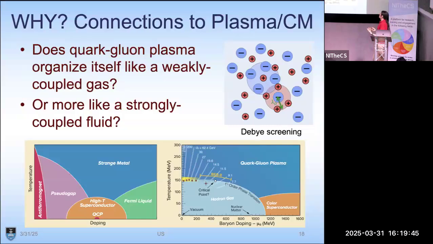And then the last motivation that I want to talk about is connecting to other areas of physics, for example, plasma physics or what we call condensed matter physics. The question is, how does the phase transition work for material that starts as protons and neutrons, collides at 1 trillion degrees, and is now quarks and gluons, which we call a quark-gluon plasma? It's a deconfined plasma of charged objects. How does that quark-gluon plasma behave? Is it like a weakly coupled gas, kind of looking like pluses and minuses with Debye screening? Or is it something very different, where it's strongly coupled?